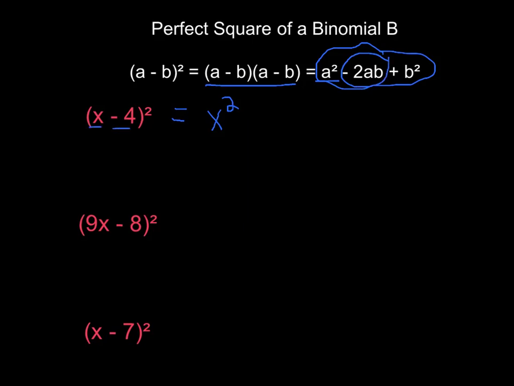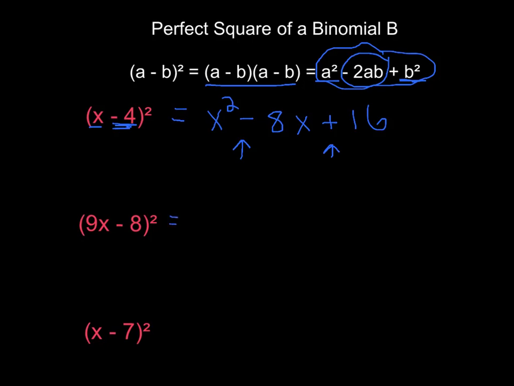Negative 4 times x is negative 4x, and double it, so it's negative 8x. And then take your second term and square it. Negative 4 squared is negative 4 times negative 4, which is a positive 16. So in this case, you'll always have a subtraction sign followed by an addition sign.